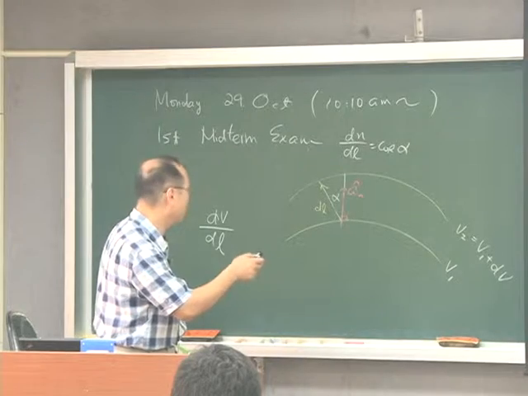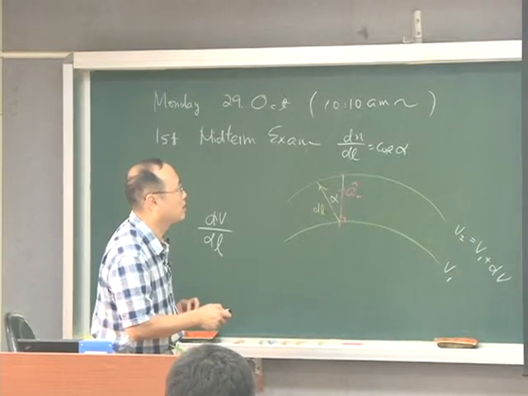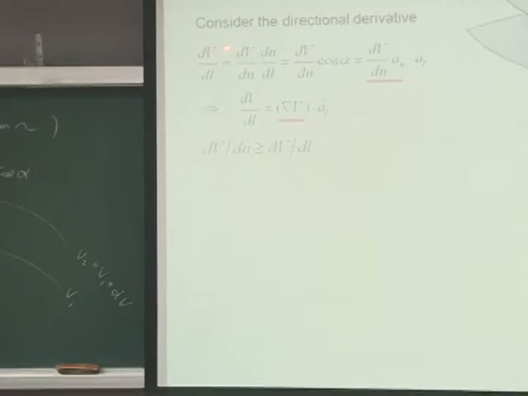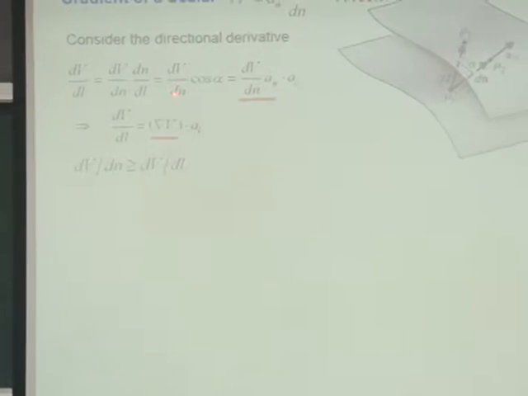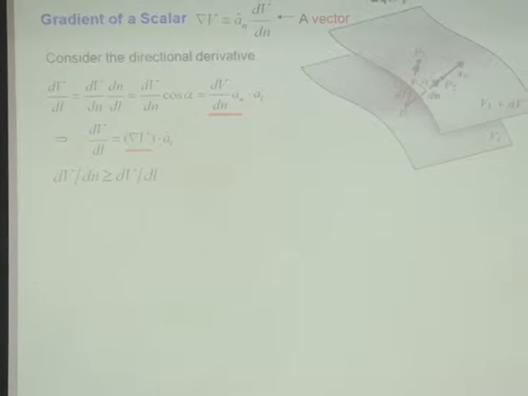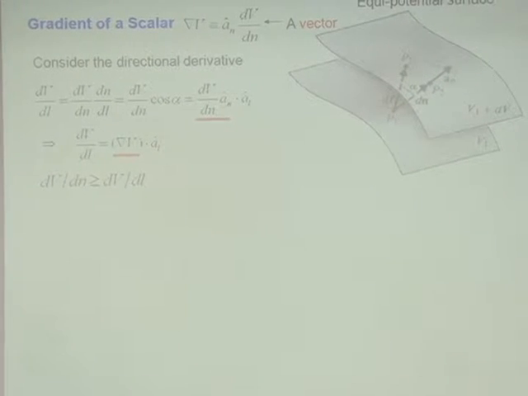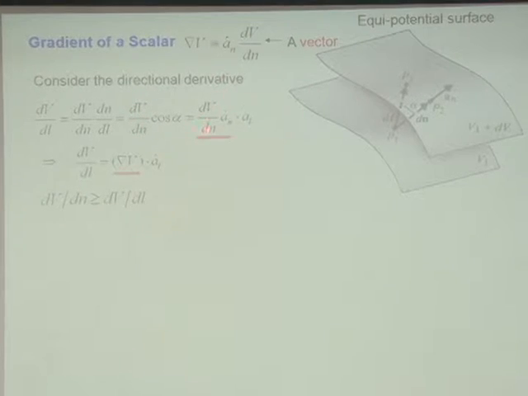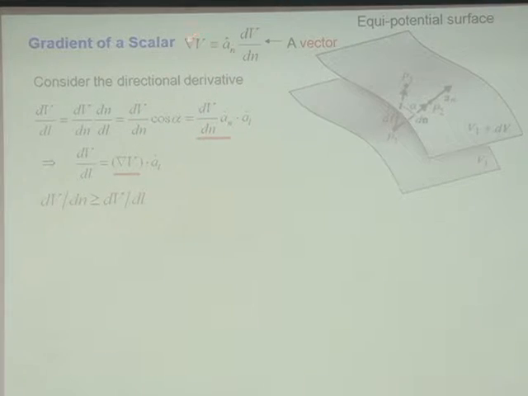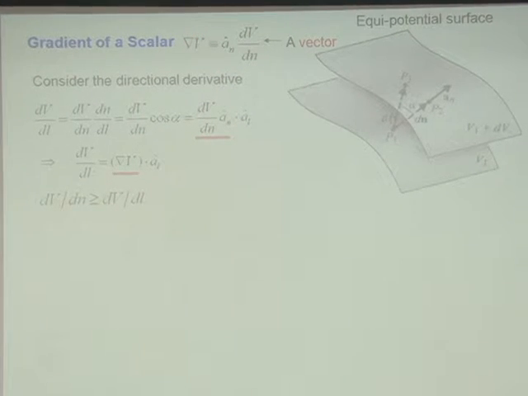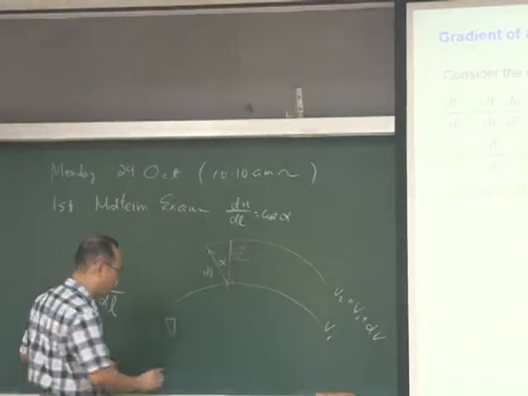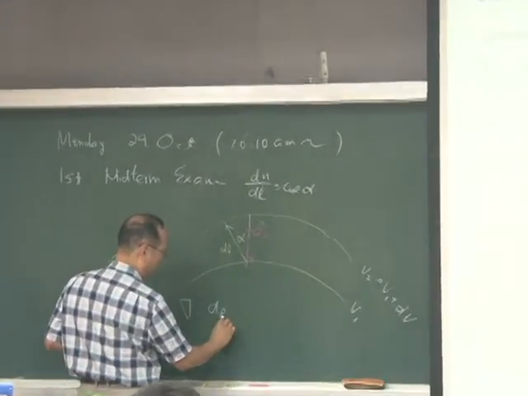OK，所以你在这里呢，你可以把这个叫做 directional derivative，把它写成 dv over dn and then multiply with cosine alpha. Okay, and now you define this dv over dn as a magnitude of gradient of v. 这个 symbol, very often we call it del.